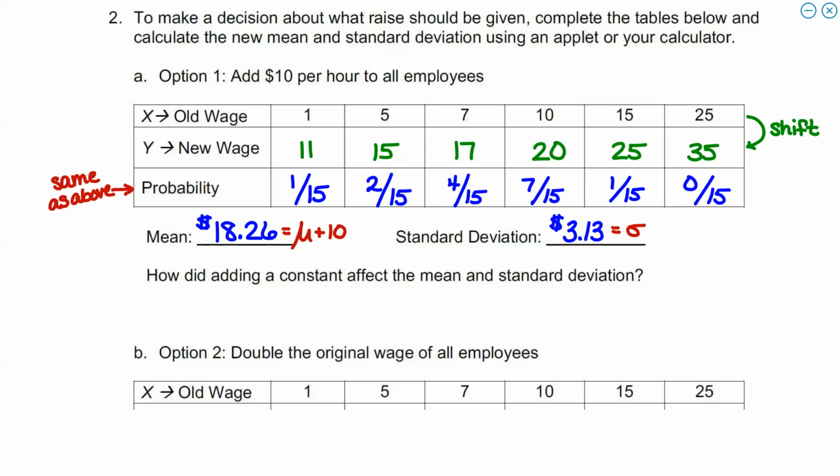So the mean is increased by $10. How was the standard deviation affected? It remained the same. Standard deviation stayed the same.